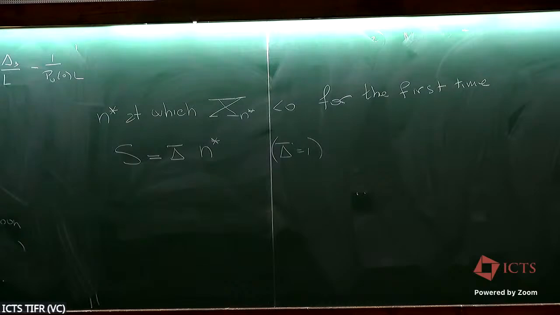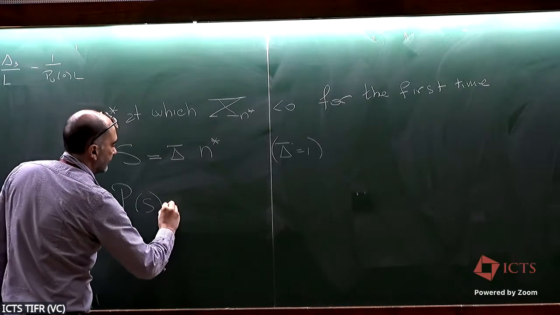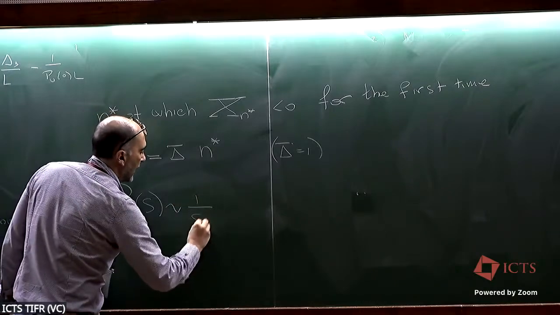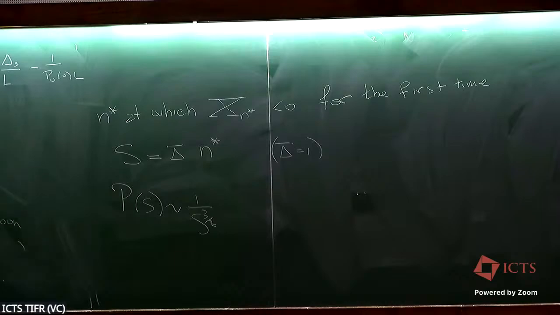And we know that the distribution of this number decays with the power law 3 by 2. So P of S decays like 1 over S to the 3/2, because it's the first passage problem of the random walk. The random walk is symmetric. So actually there is a theorem.